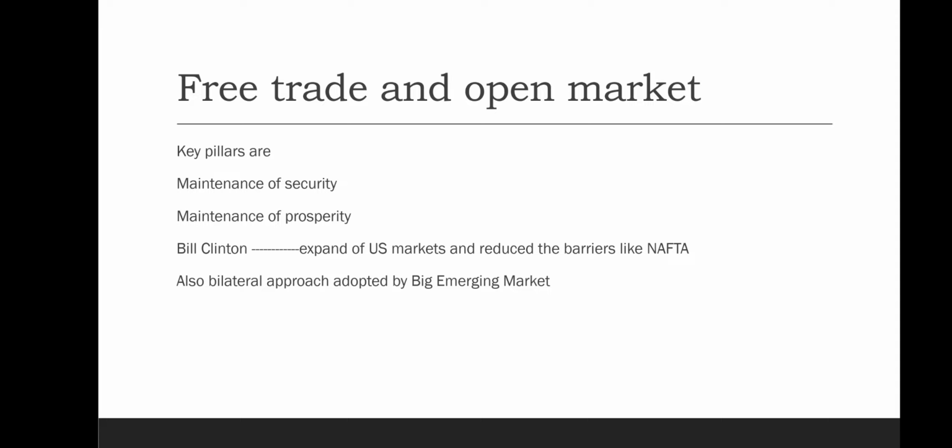These are the two key pillars of America's foreign policy: the maintenance of security and the maintenance of prosperity. So we see that Bill Clinton wanted to expand America's U.S. markets in the world, and he introduced NAFTA and BEM, the big emerging markets.